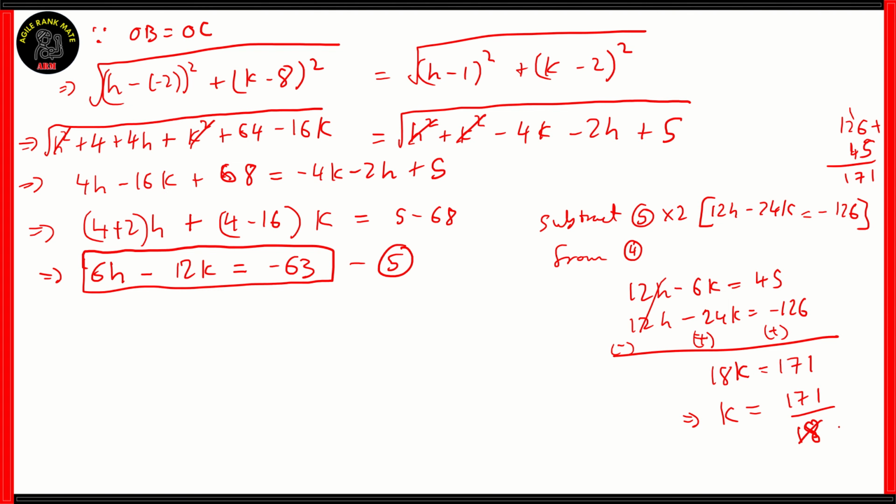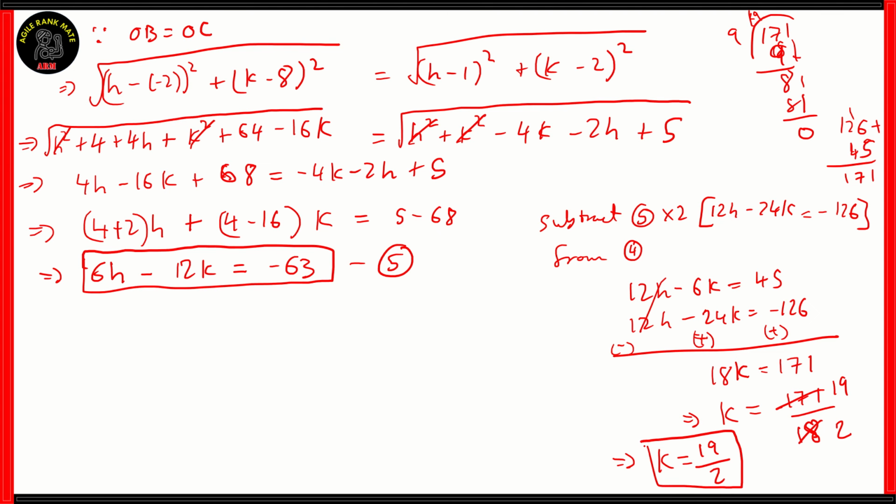So 18 when divided by 9 becomes 2. 171 when divided by 9: 1 is 9, and then you have 8 left, and then 81, and 81 divided by 9 is 9, so the numerator becomes 19. So the value of k, which is the y-coordinate of the center of the circle, is 19 over 2.